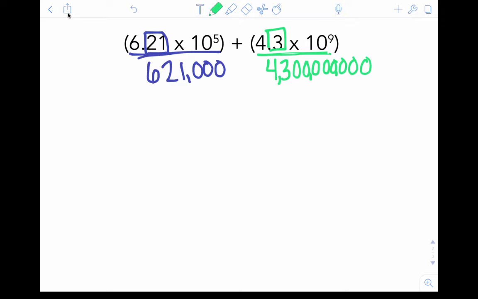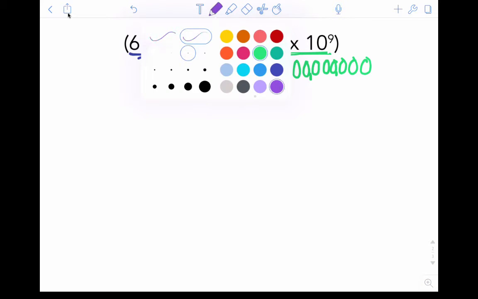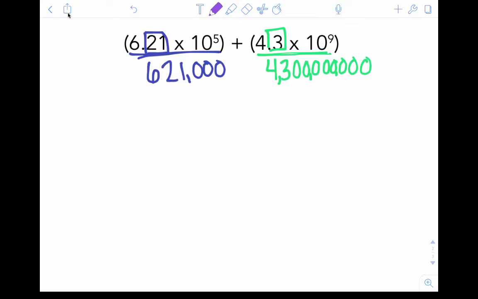So now I need to add these two numbers. So I have 621,000. And make sure when you're adding that you line up your decimal places.